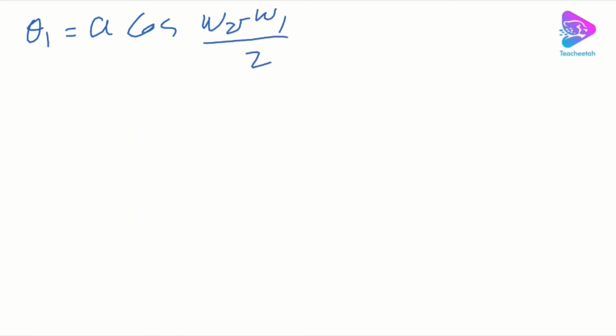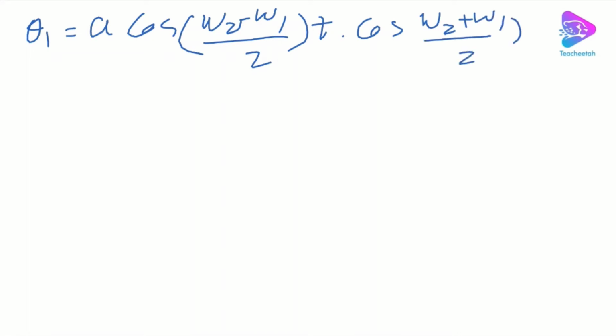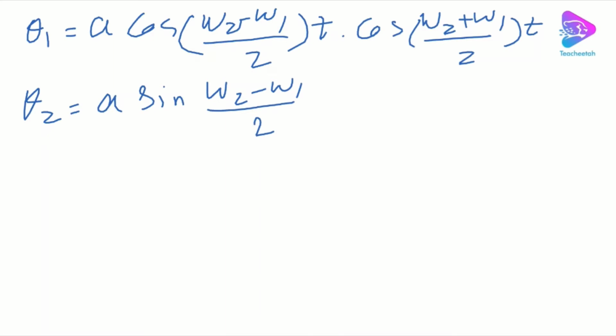We get theta 1 equal to A cos of (omega 2 minus omega 1) divided by 2 times t, because t is in both equations, times cos of (omega 2 plus omega 1) divided by 2 times t, and theta 2, the second mass response, is equal to A sine of (omega 2 minus omega 1) divided by 2 times t.